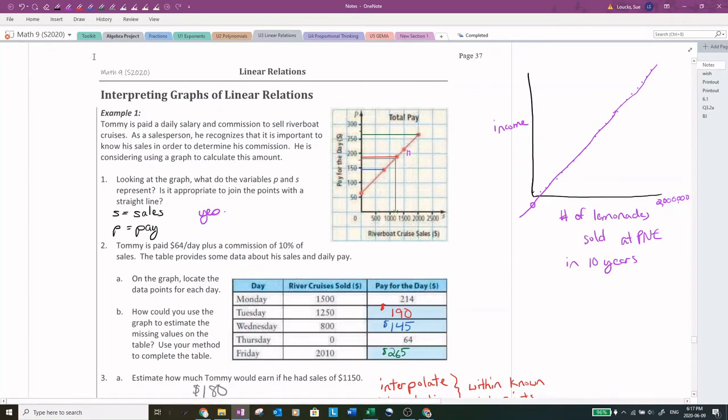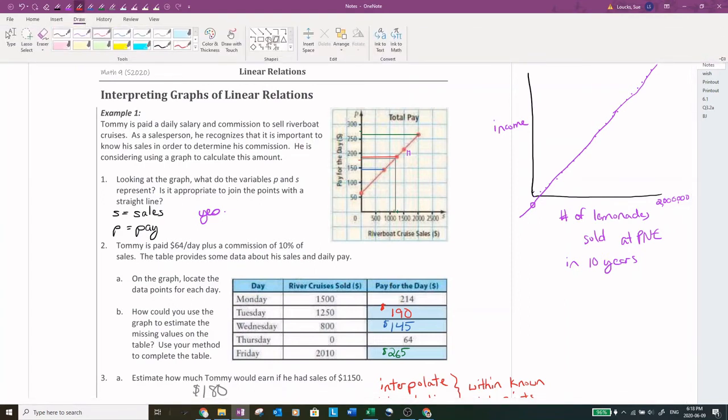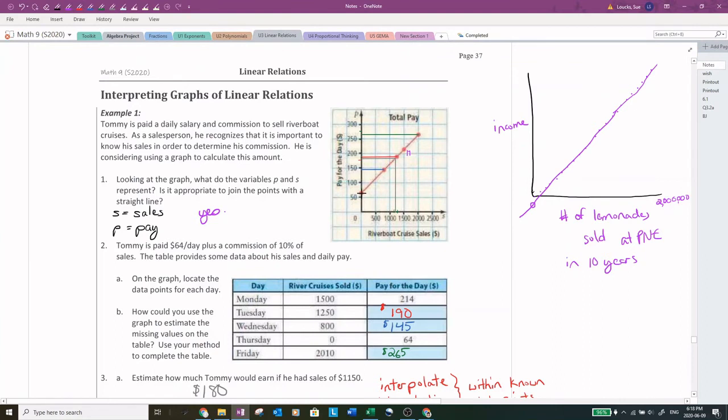I would say yes, because there's no reason for us to think that the pay rate is going to change just because he's sold more cruises. We don't have that information, so it's reasonable to assume in this case that it doesn't. So I'm going to put a line right over top of my graph and extend it past like that.